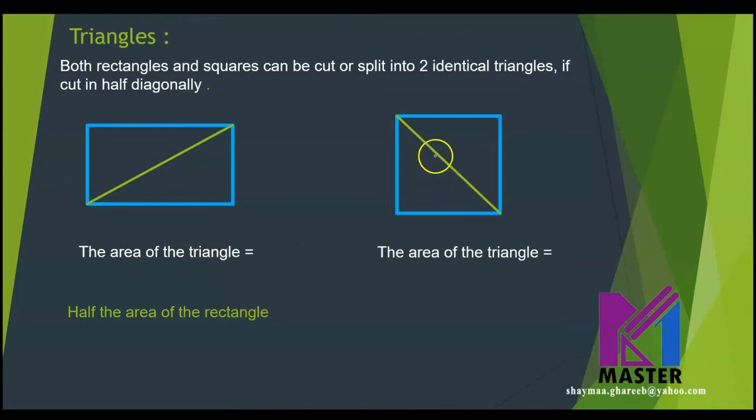In the square, the area of any of these triangles equals half the area of the square. So if I know the area of the square, I can get the area of the triangle. If I know the area of the rectangle, I can get the area of this triangle. Is this clear?